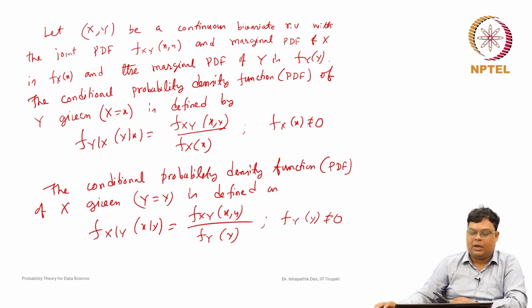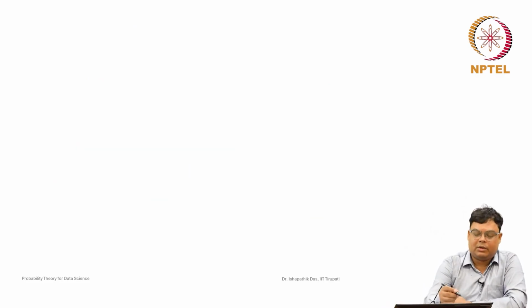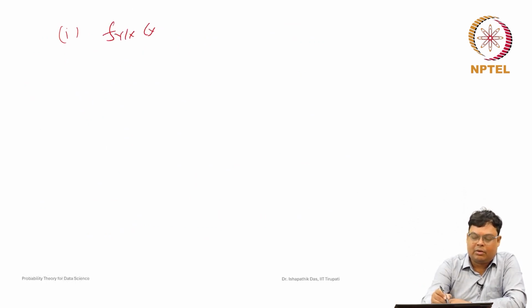Now, some of the properties are very similar to the discrete cases. Because it is a probability density function, f of Y given X should be greater than or equal to 0.